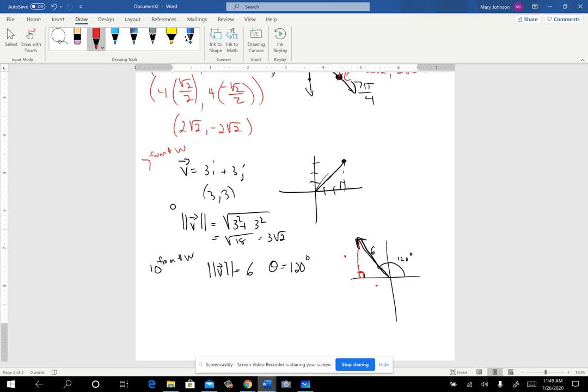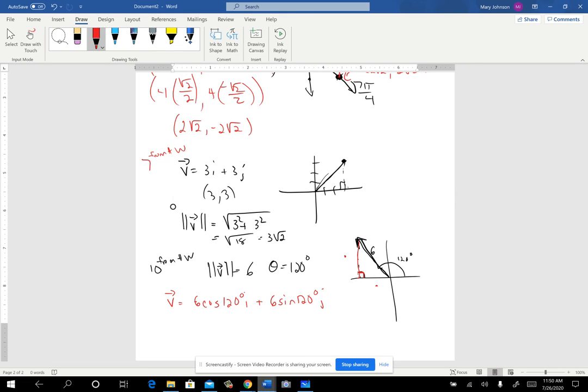It's very closely related to what we did earlier. For the horizontal component, I'm going to do the magnitude times the cosine. And for the vertical component, I'm going to do the magnitude times the sine of the given angle. Then I'll throw the j on this guy and the i on this one, and that'll be my vector once I get it simplified.